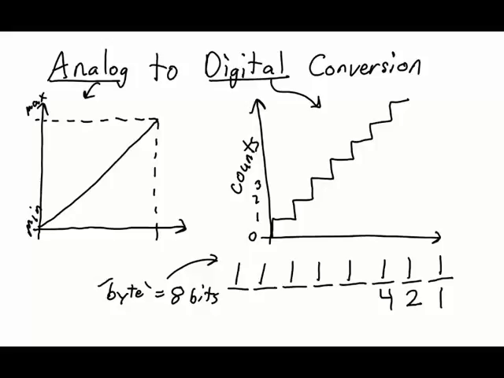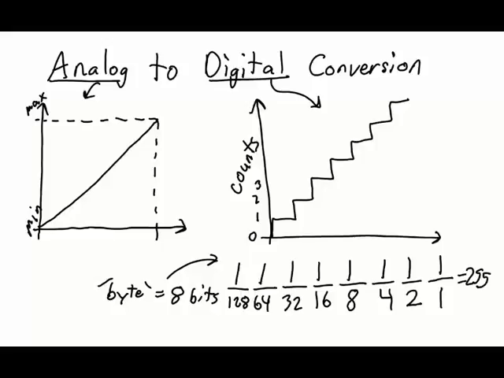A value of 1 in the next bit gives us a value of 8. We can continue in this fashion to find out the value of each subsequent bit. The next bit is worth 16, then 32, 64, and finally 128. When we add up each of these values, we find that this byte gives us a value of 255.